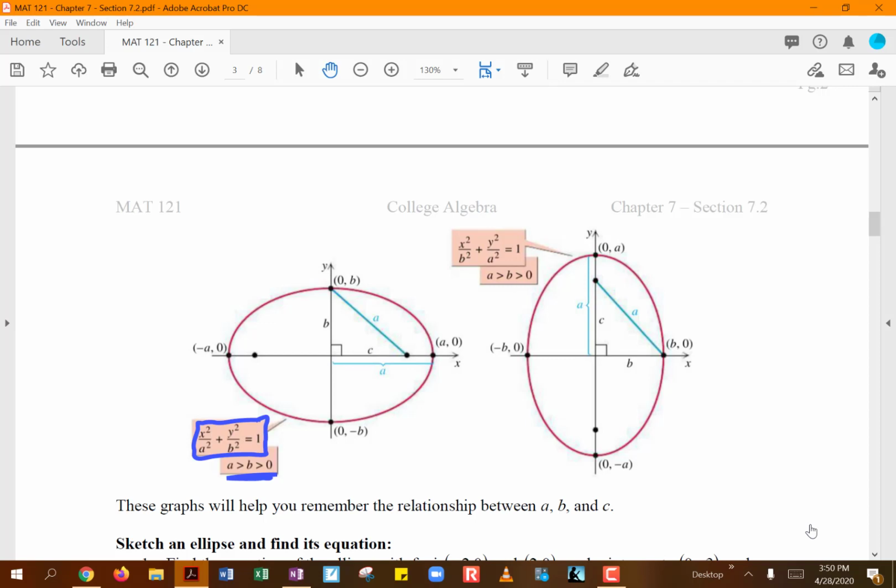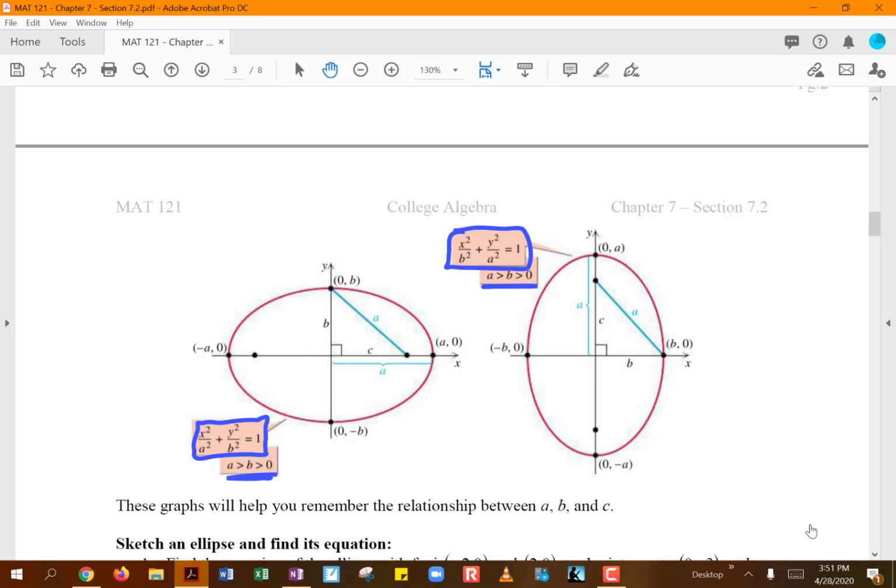Now when you have a vertical major axis, which is the figure on the right hand side, here you will see our equation is going to be x squared over b squared plus y squared over a squared equals 1. And again, a squared is going to be our larger denominator, and again your relationship is a is greater than b and b is greater than 0.